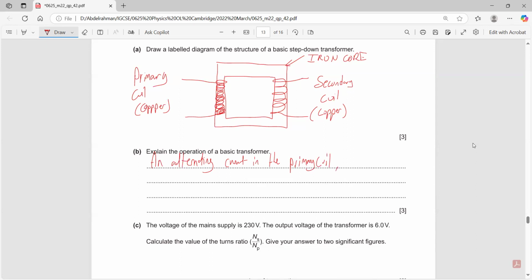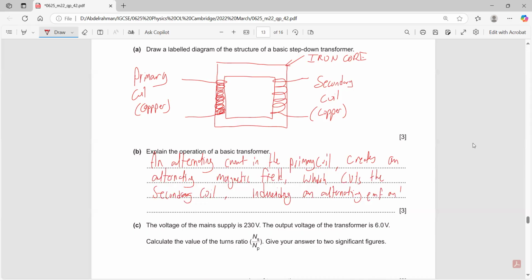Creates or generates an alternating magnetic field, which cuts the secondary coil, inducing an alternating EMF and current in the secondary coil.